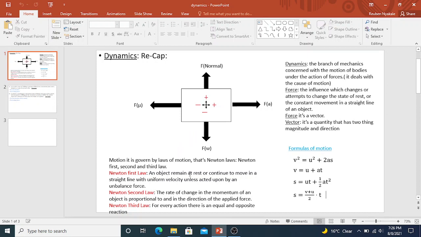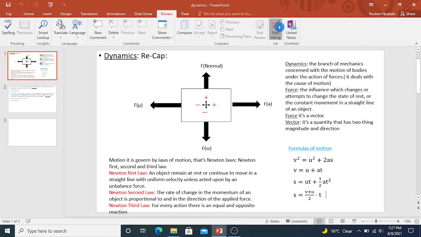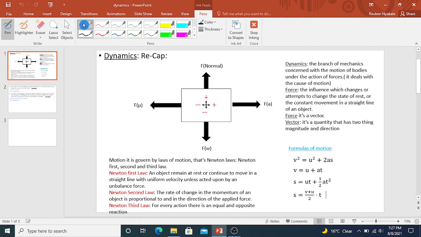Now, you can't talk motion and not talk formulas of motion, because forces occur as a result of motion. Motion occurs as a result of a force. Now, how do we then calculate the force? Because these are formulas of motion.